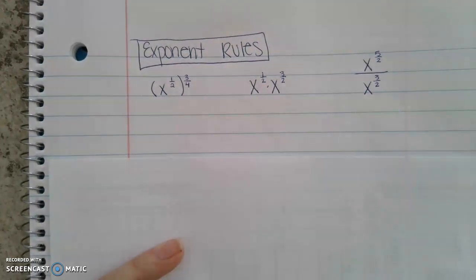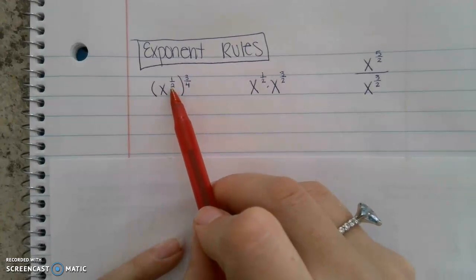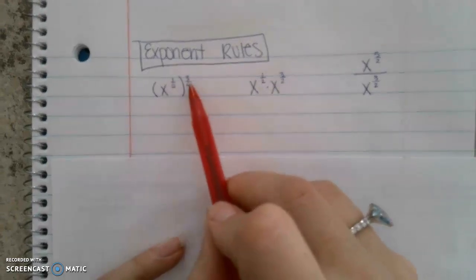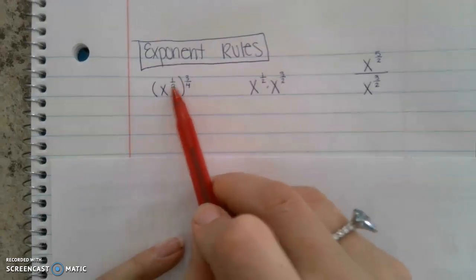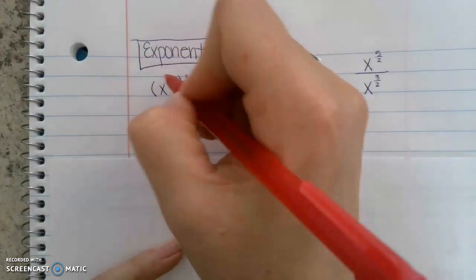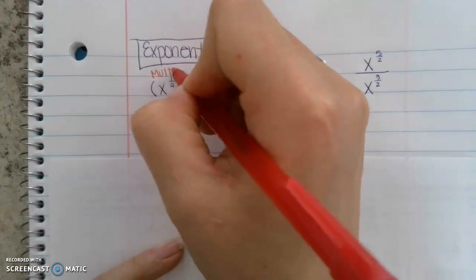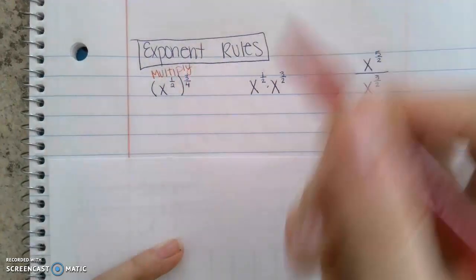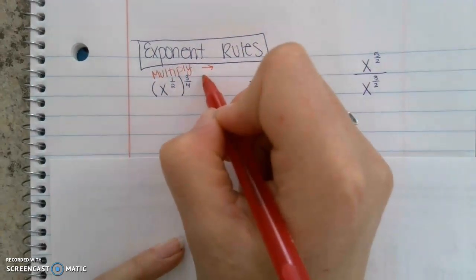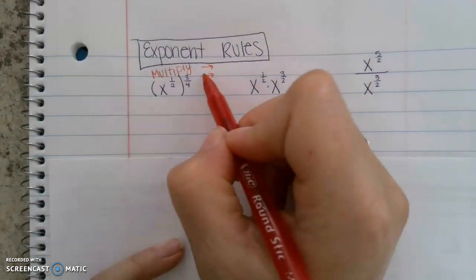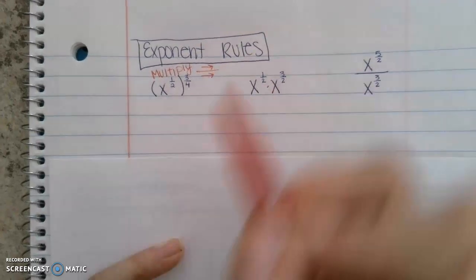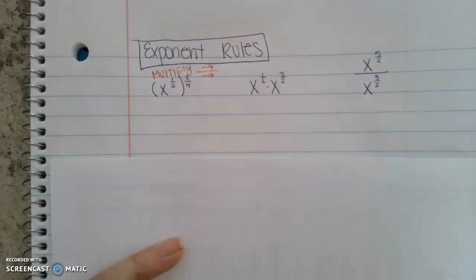And so as a reminder for these, whenever we have something raised to another power, so in other words, what we're doing here, we have 2 powers right next to each other. What we're going to do with these powers is we're going to multiply them. Okay, and we're going to multiply the top across and the bottom across whenever you multiply your fraction. So top and bottom of your fraction get multiplied.